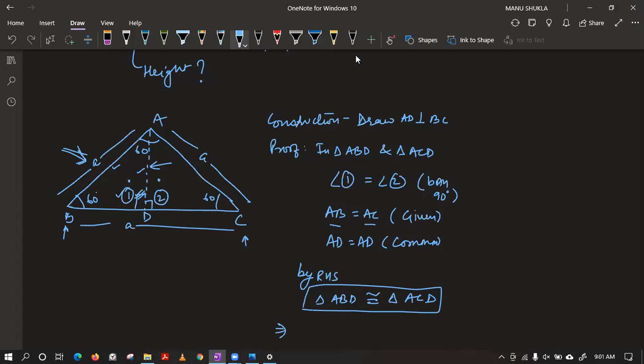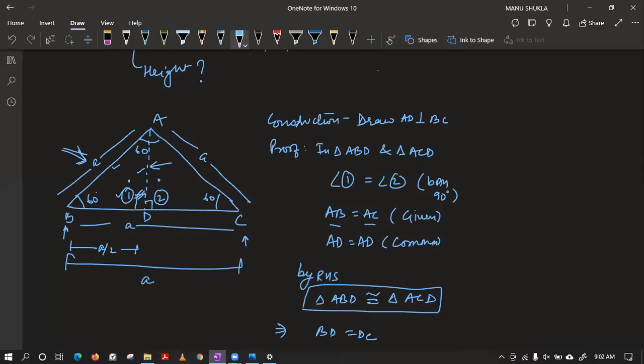So we have got BD is equal to DC. So now class, tell me, if complete side BC is A units, what is the length of BD? If the length of BC complete is A, then BD will be A upon 2.